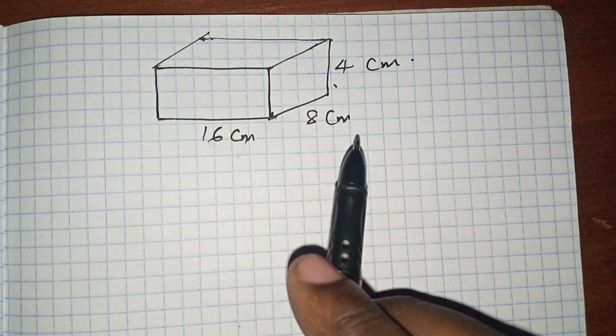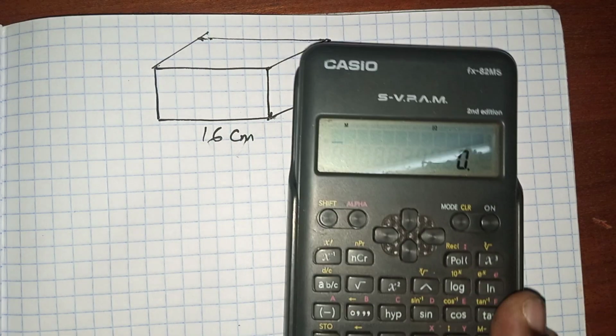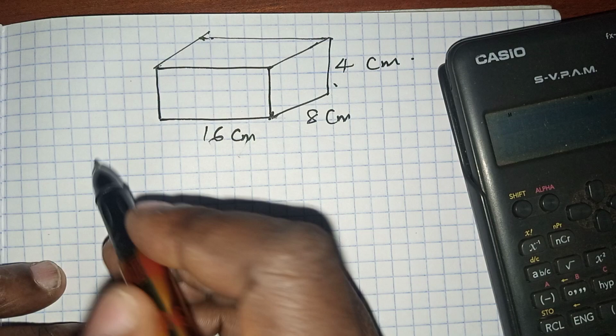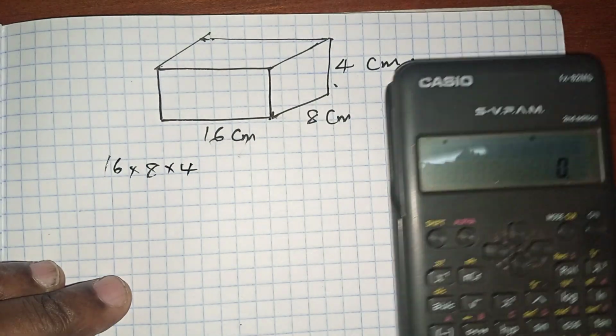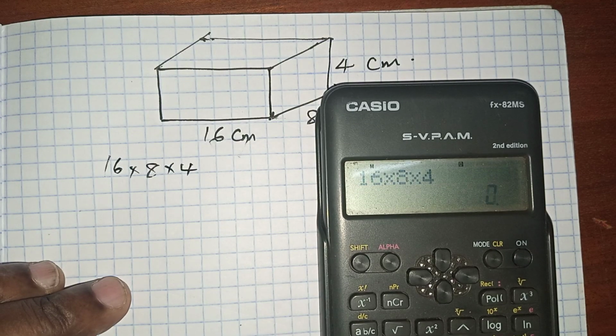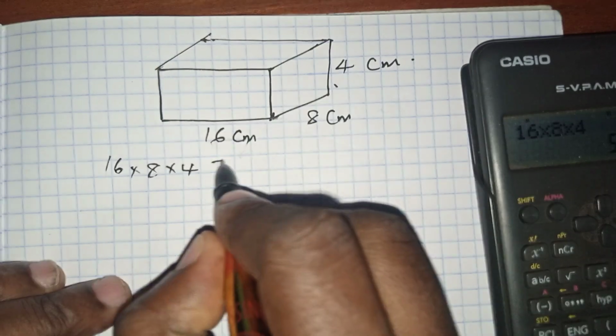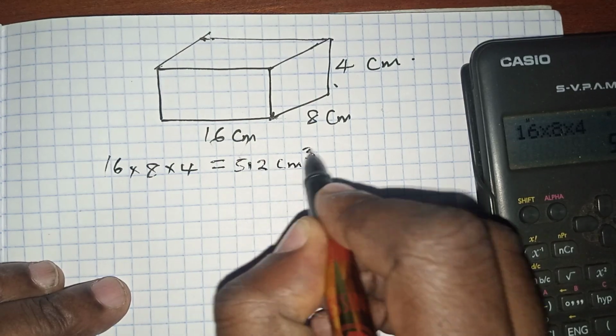What we need to understand is that this is a question of volume, and we are going to have 16 times 8 times 4, which is going to give us 512 centimeters cubed.